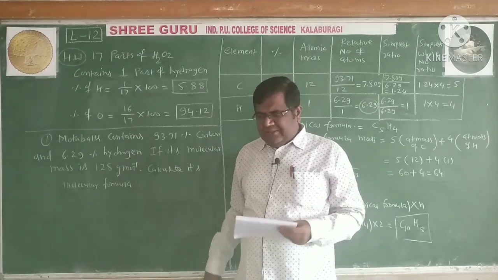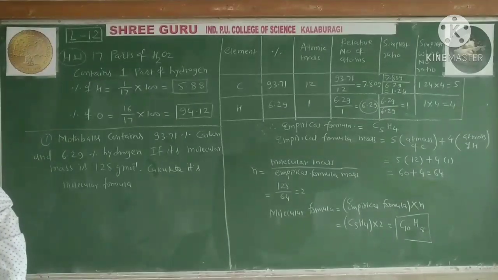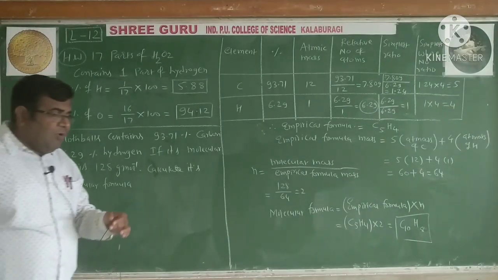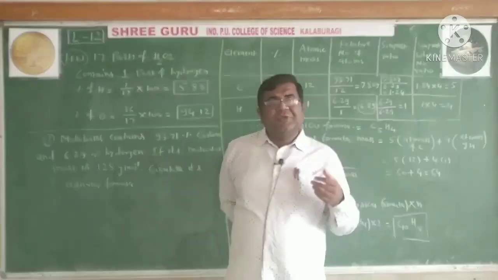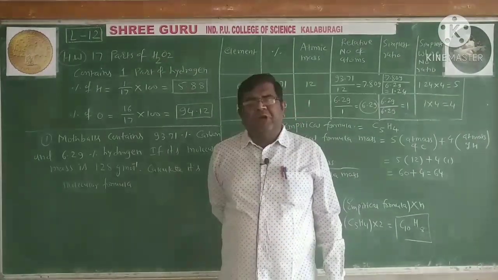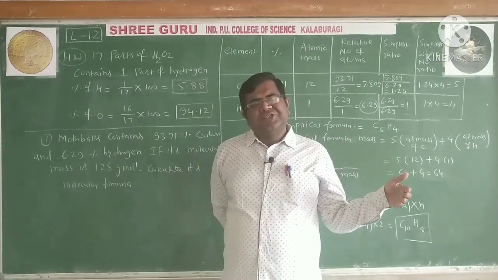Then lastly, in the last class, in the last part, we have seen what steps are to be used to determine empirical formula and molecular formula. We have listed all 10 steps.